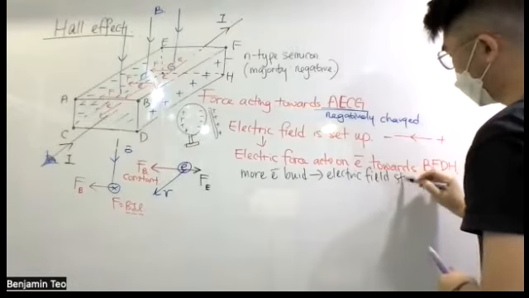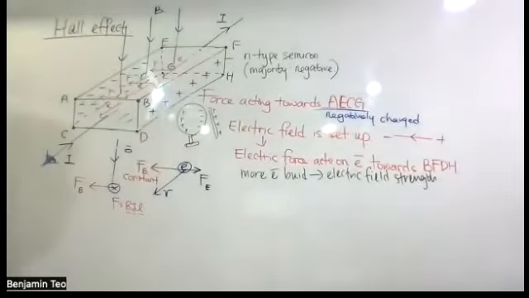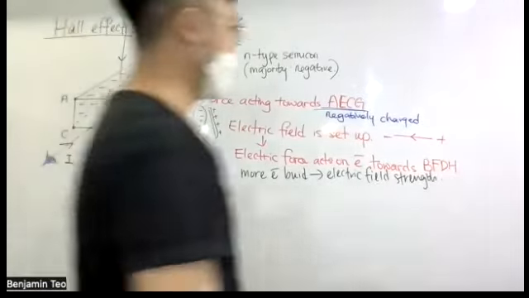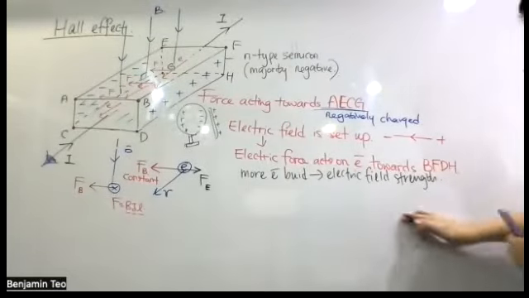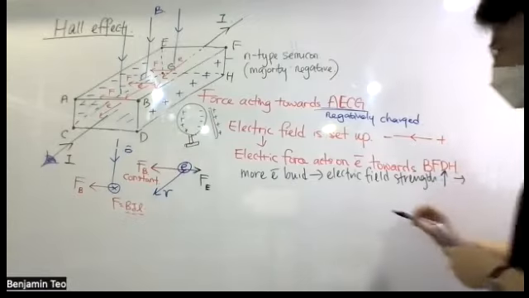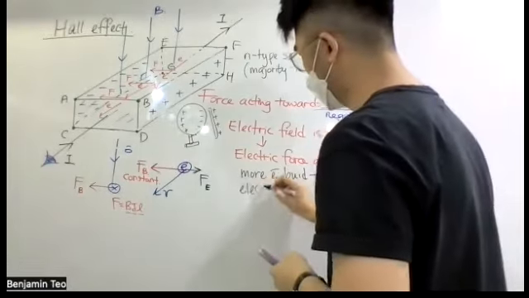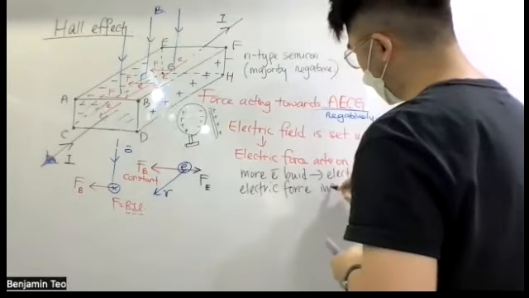Okay, this is a keyword. In the exam, when you're asked to explain, you're going to put as many keywords as you can. Electric field strength, that is one keyword. More electrons build up, electric field strength increases, so electric force increases.